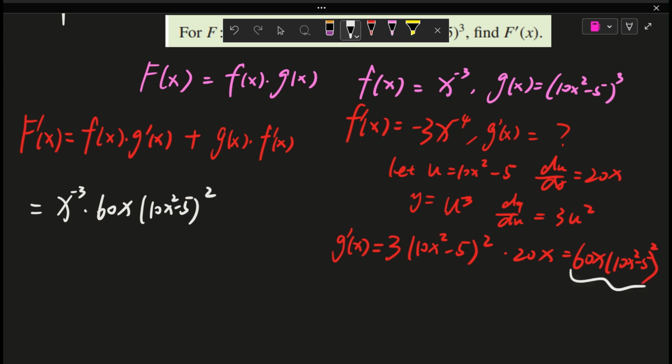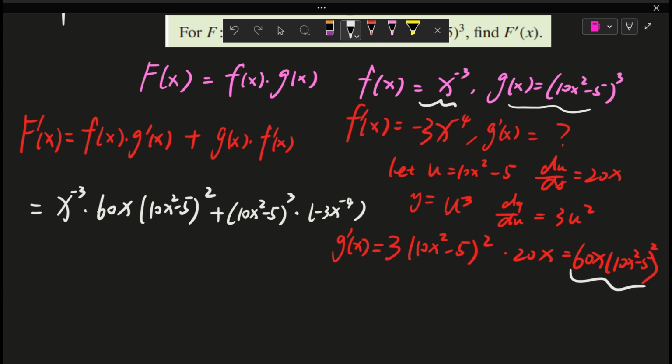So this one times that one. Okay. And plus the g(x), which is (10x squared minus 5) cubed times negative 3x to the negative 4.